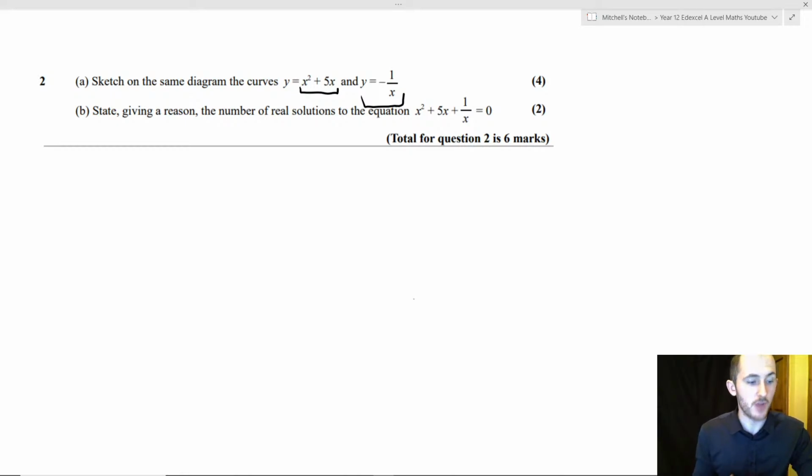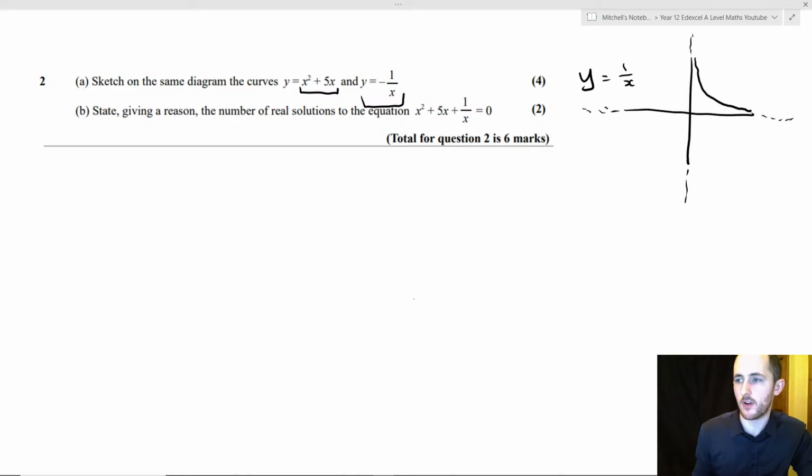For those of you that may not know, the y equals 1 over x graph looks like this. Okay, so it goes like that, where the x and y axis are actually asymptotes, which means the graph will never cross them. So make sure you don't make it touch.